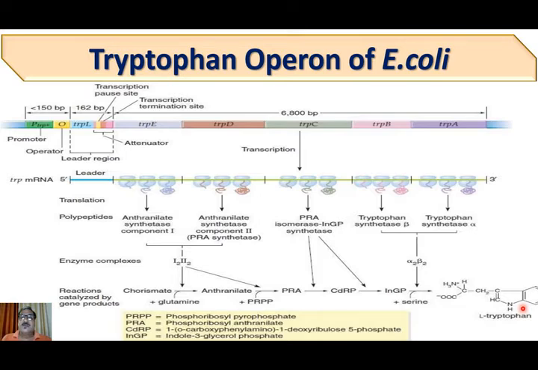The short transcripts are terminated by a process called attenuation. The proportion of the transcript that includes the structural genes is inversely related to the amount of tryptophan in the cell. In other words, the more tryptophan present in the medium, the greater is the proportion of short transcript and the lesser is the production of the maximal transcripts.